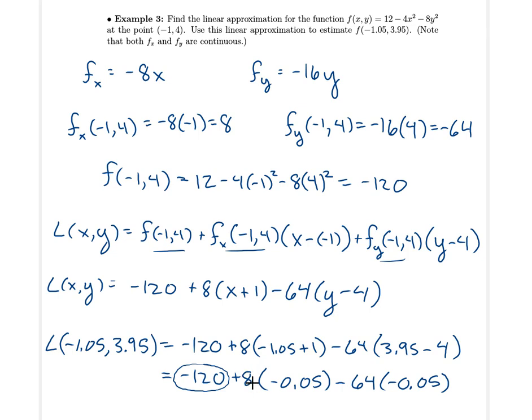Well, here it's plus 8 per unit in the x direction. Here it's minus 64 per unit in the y direction. So it's this little bit of movement times these partial derivatives that gives me the slight adjustment I have to make to get my approximation of this function. And so this is negative 117.2.